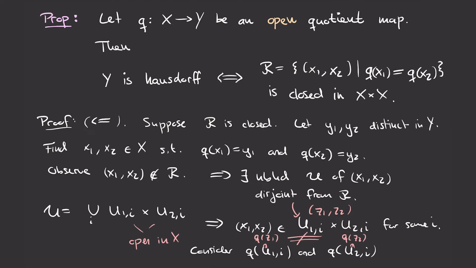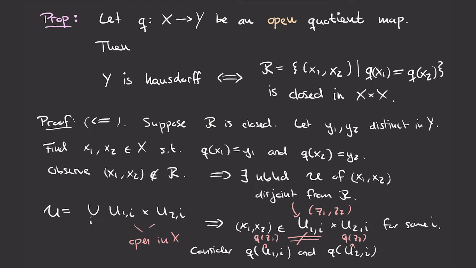Okay, so this proof is pretty elementary in the sense that you're just applying definitions, but it's maybe a bit convoluted, so let's go through it one more time. So we started with the assumption that this set R is closed, and we took distinct points y1 and y2 in Y, and to show that Y is Hausdorff, we have to find two neighborhoods, one around y1, one around y2, that are disjoint.